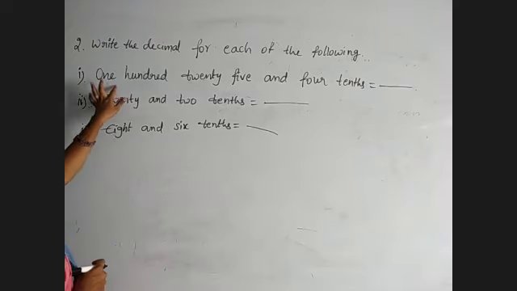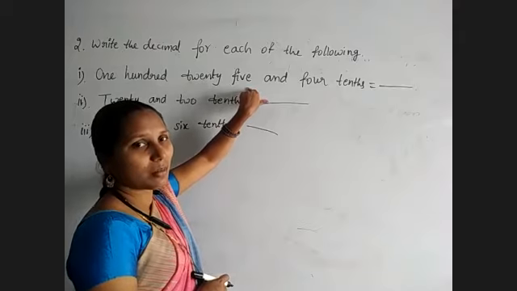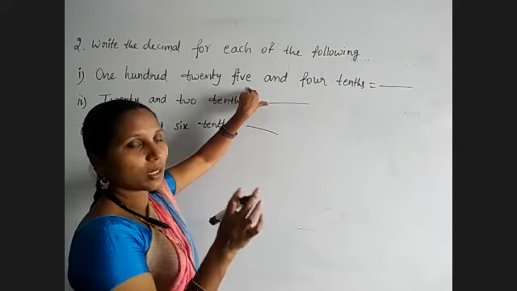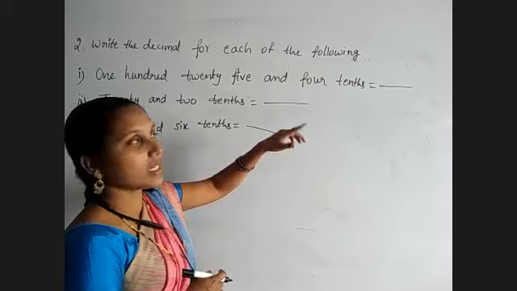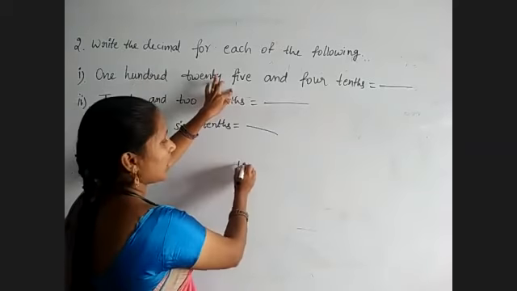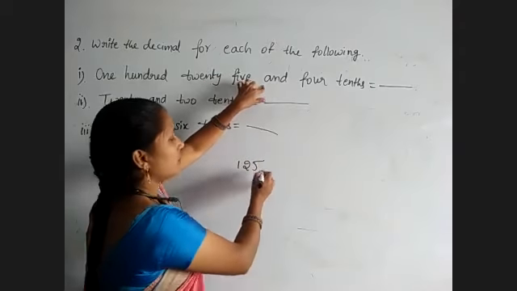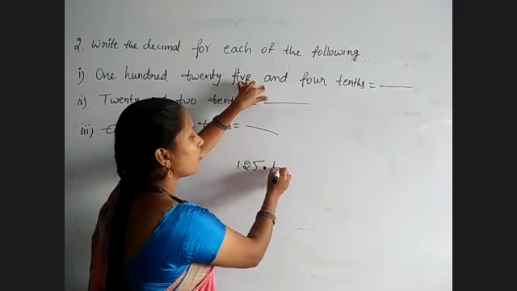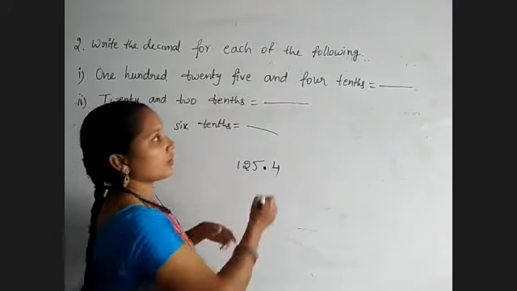Here 125 is a whole number, so it comes under the whole number part, and 4 tenths comes under the decimal part. 4 tenths is 0.4, so that number is 125.4.